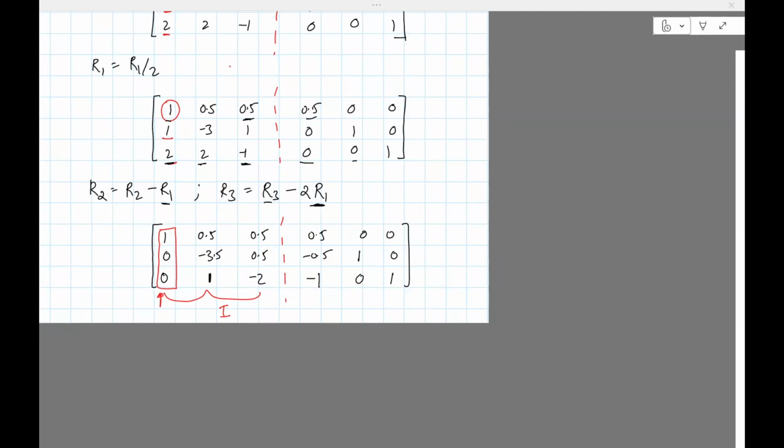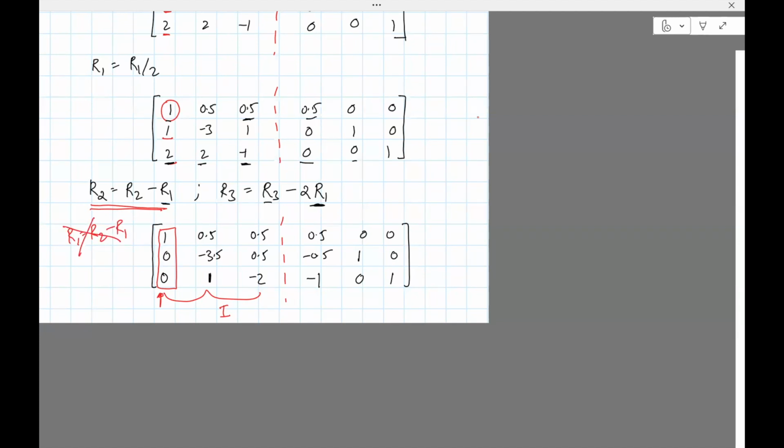I made a mistake. Is R2 equals R2 minus R1 supposed to be? No, it's not supposed to be R1 equals R2 minus R1. So is this correct or is this correct?